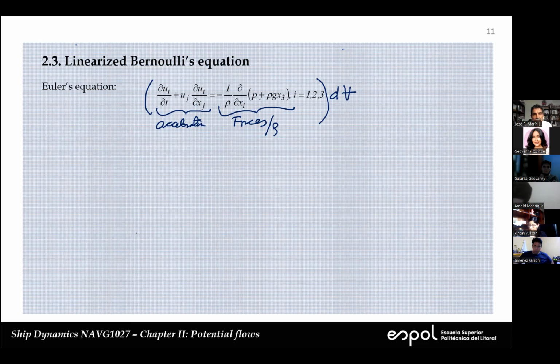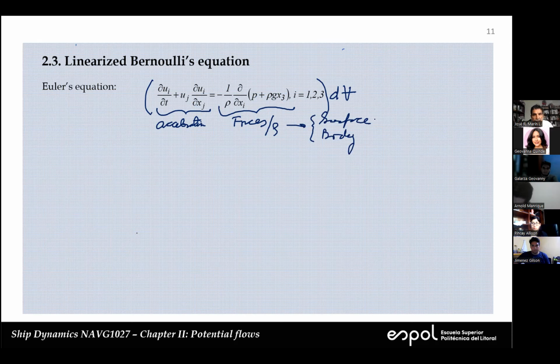Now here, you see that you have the pressure and you have the gravitational acceleration. So in the forces, you have two forces, surface forces and body forces. This concept you probably remember from fluid mechanics.